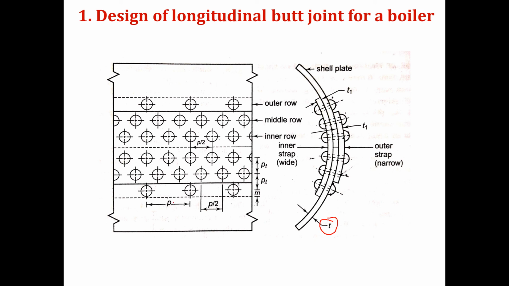We have calculated the value of pitch P. We have calculated the value of transverse pitch PT, and we have calculated the diameter of the rivet, that is D. Next step is we have to calculate the thickness of the strap, that is this particular thickness, T1, the thickness of the strap. This I have to determine in the next step.